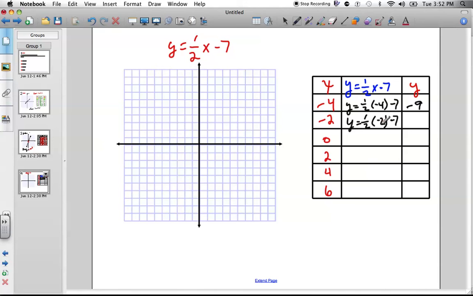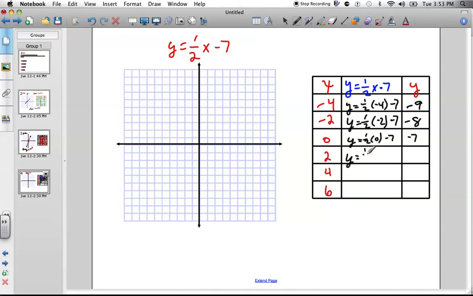Half of -2, -1. -1 minus 7, -8. Half of 0 is 0, minus 7, -7.